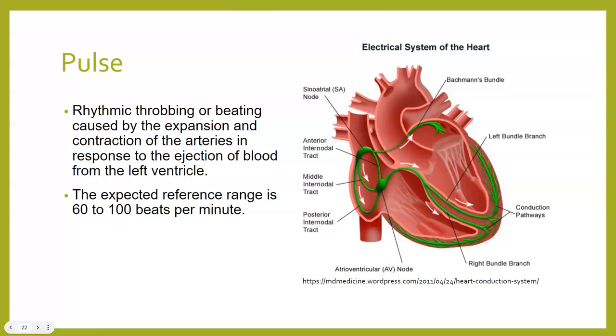So the SA node produces electrical impulses, and it travels to the AV node, and then to near the ventricles of the heart. The electrical impulses cause the heart muscle to contract, thereby setting the pulse rate or heart rate.